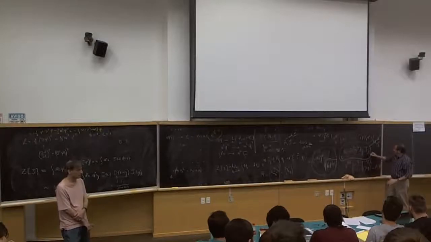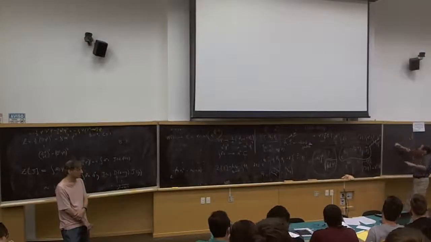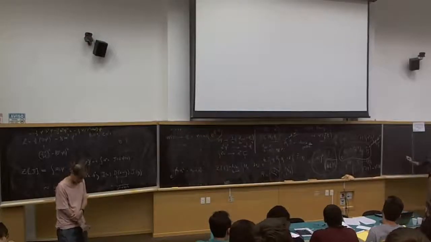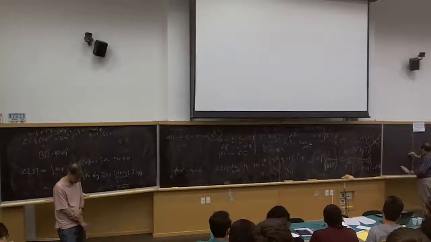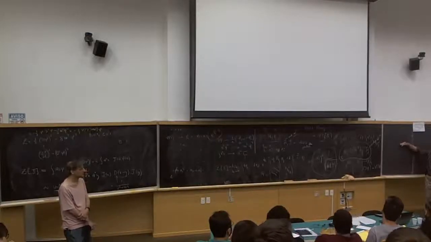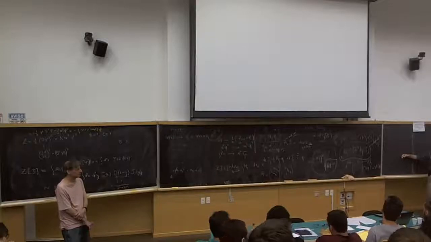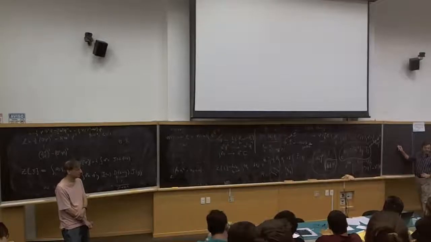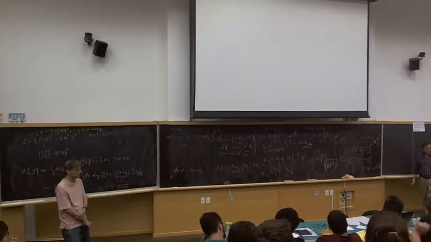For example, the field is something like that. This is one configuration. But it can also be another configuration. Imagine a field here, like you have to add all these field configurations. This is a function of x and t. You have to add over all possible ones.